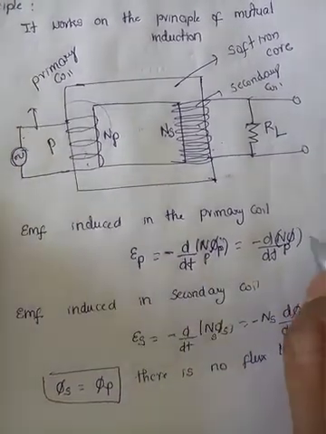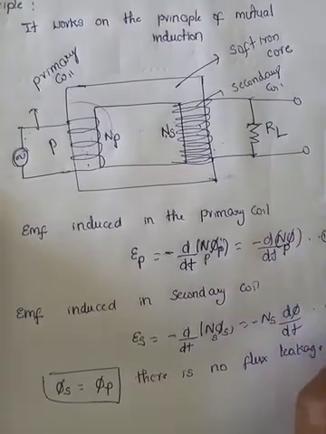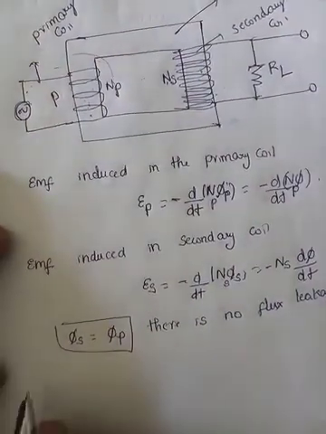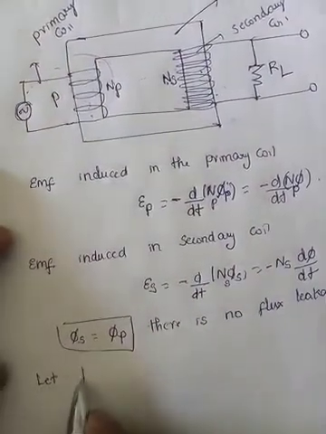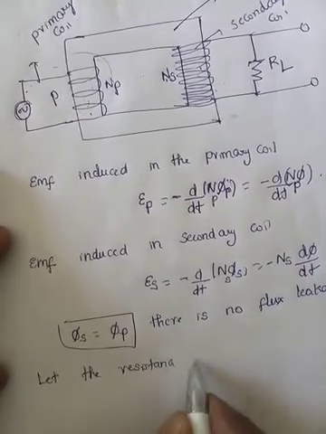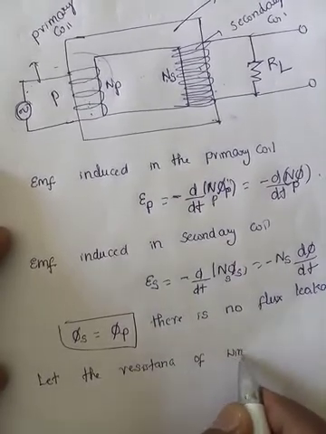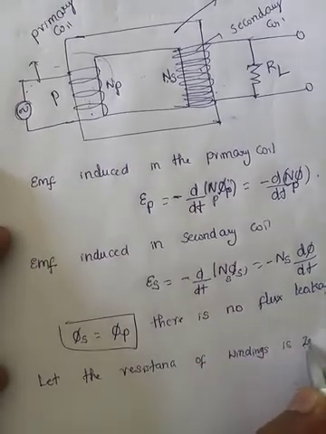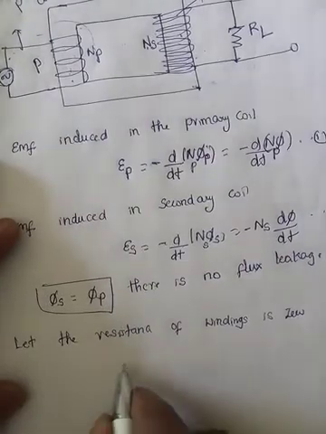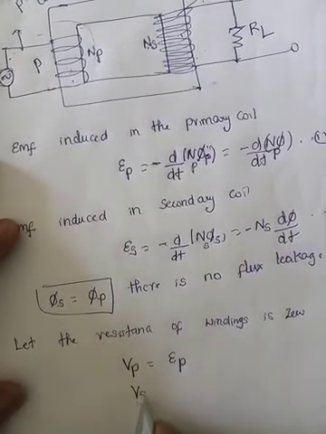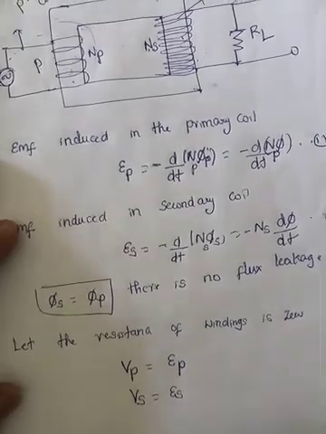Now, this is a closed coil, but we are assuming that the resistance of the windings is 0, meaning there is no loss of energy in the wire. Then we can assume that Vp is equal to Ep as well as Vs is equal to Es.